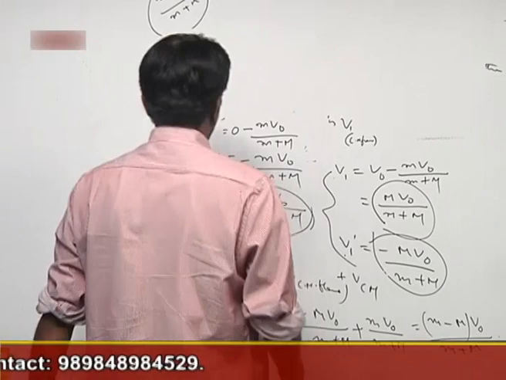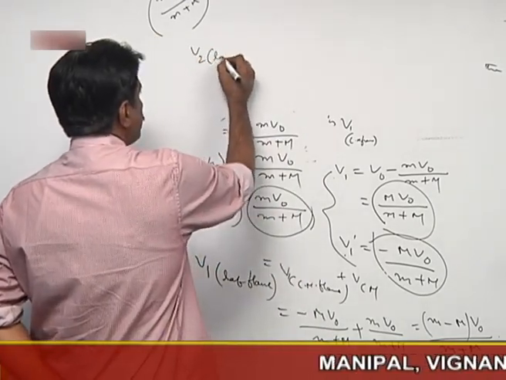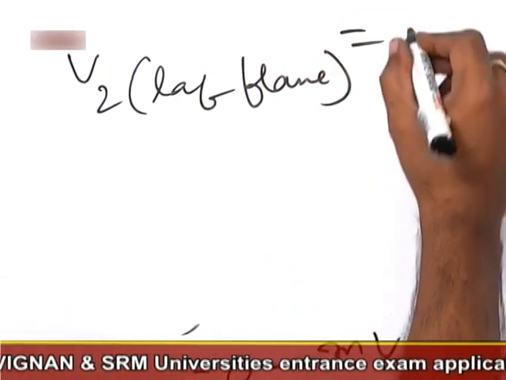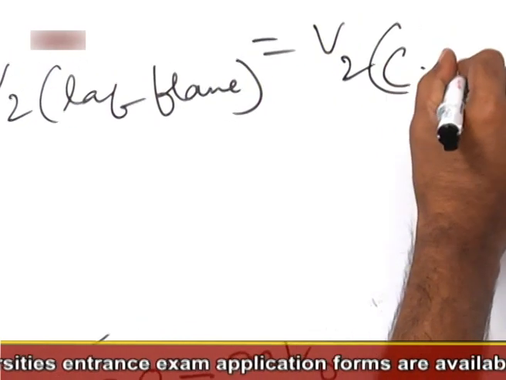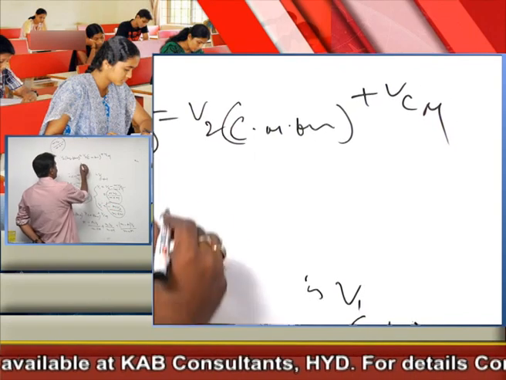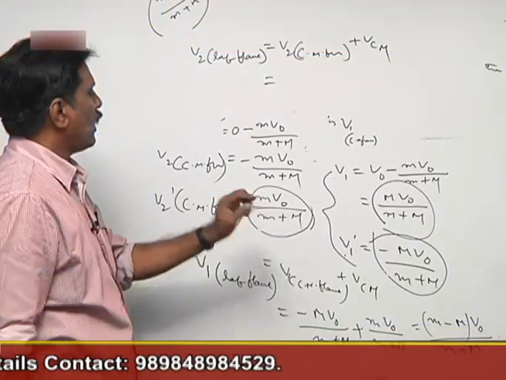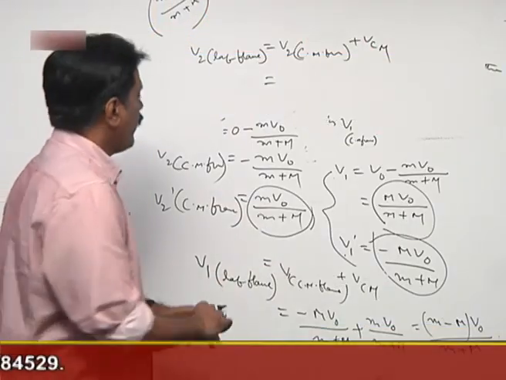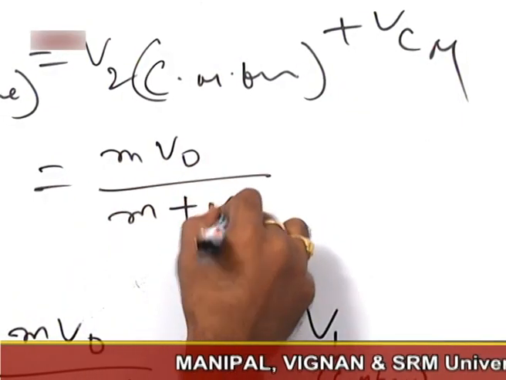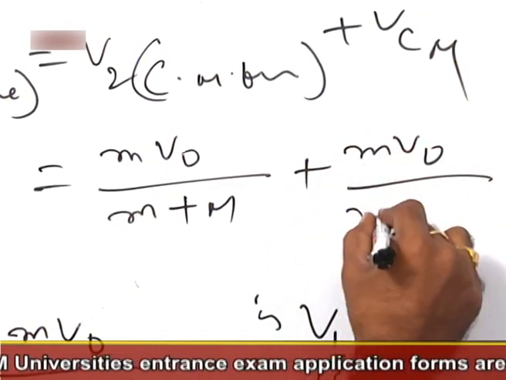For the second particle also, the same formula is valid. V2 lab frame is equal to V2 center of mass frame plus velocity of center of mass. What is the velocity of the second particle in the center of mass frame? mv naught by m plus m. Final velocity is mv naught by m plus m plus velocity of center of mass, again mv naught by m plus m.